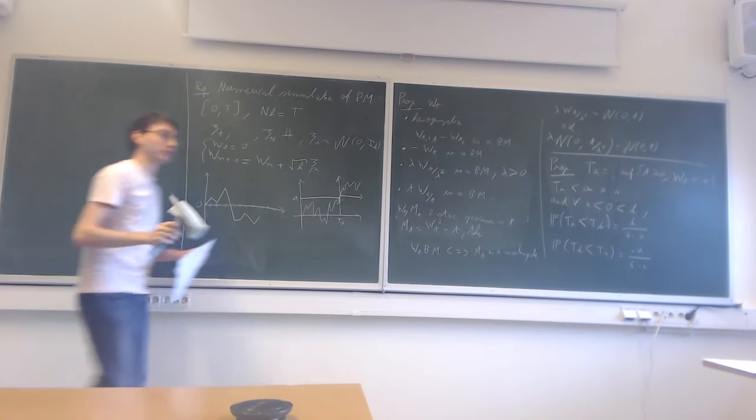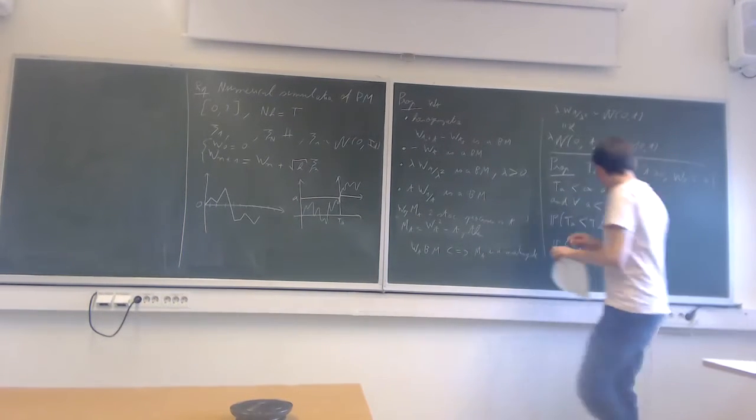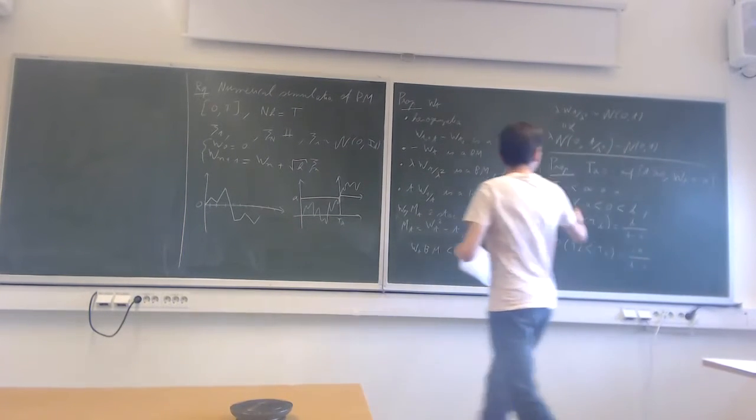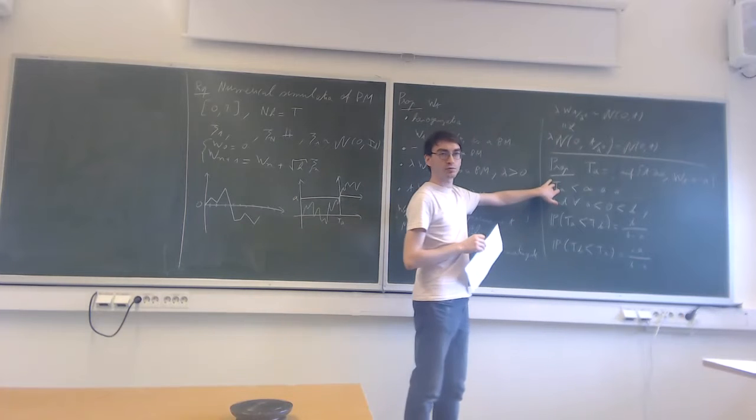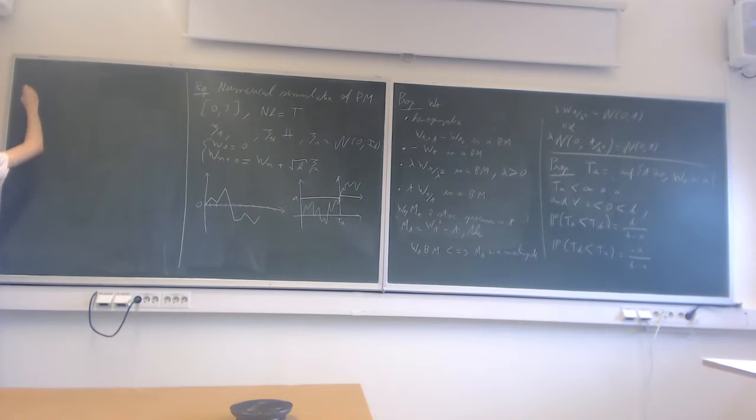In this part we'll just talk about Brownian motions in R. So we will assume that this is true. We have two events.